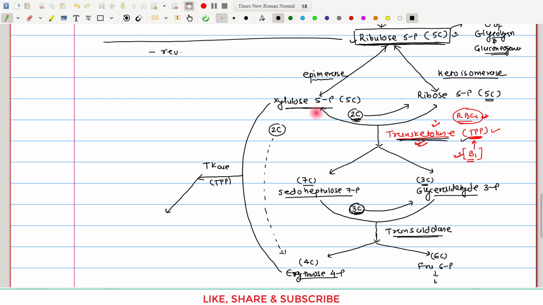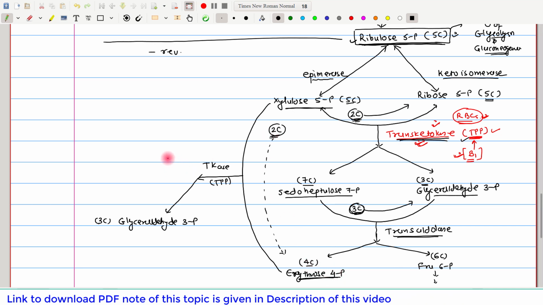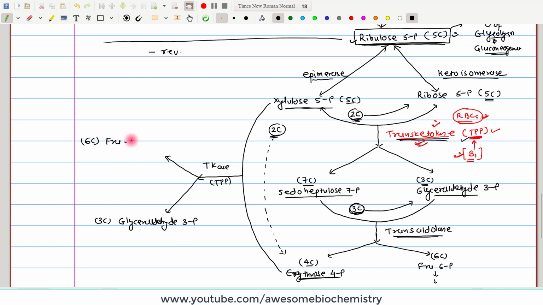This xylulose 5-phosphate is losing its 2 carbon. So 5 carbon minus 2 carbon makes a 3 carbon compound, and the name of this 3 carbon compound is glyceraldehyde 3-phosphate. And this erythrose 4-phosphate is getting 2 more carbon. So 4 plus 2 carbon is a 6 carbon compound, and this 6 carbon compound is fructose 6-phosphate.